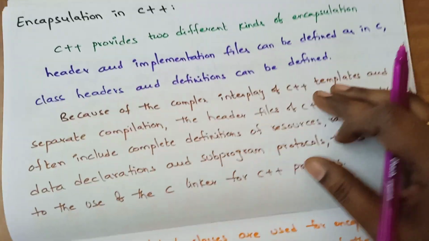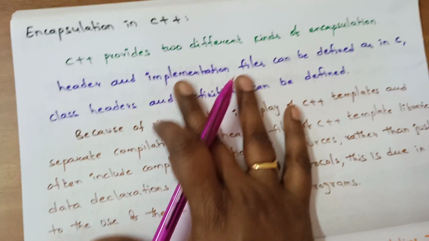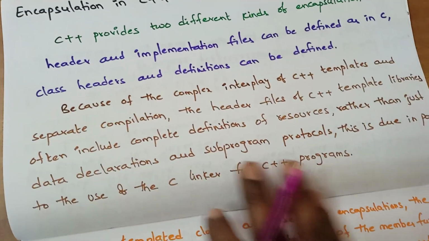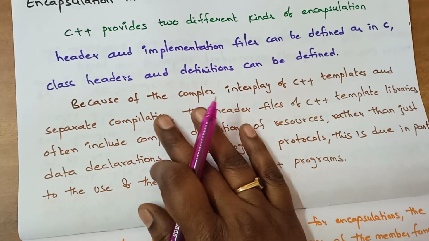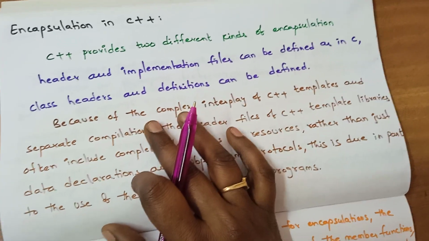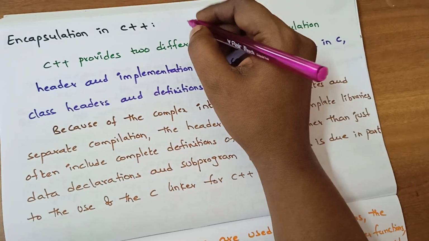Right, now I wanted to give you some examples in both programming languages. There are some points I wrote here for your reference to understand how encapsulation is generally provided. We will be having some header files.